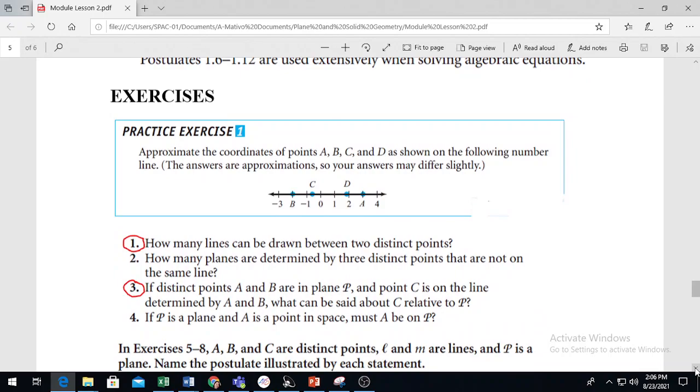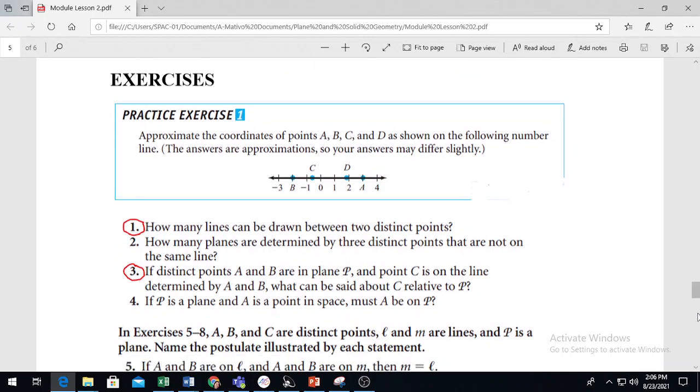For your exercises in this module, you have practice exercise 1, and please answer all these numbers encircled with a red ink. Practice exercise 1: approximate the coordinates of points A, B, C, and D as shown on the following number line. The answers are approximations, so your answers may differ slightly.